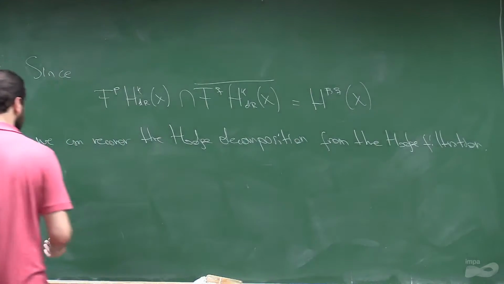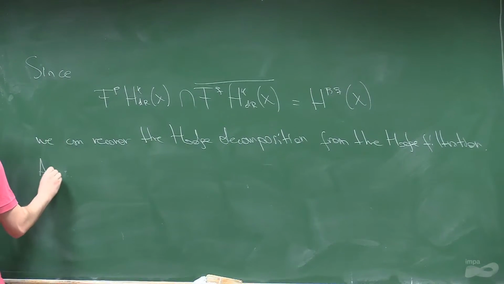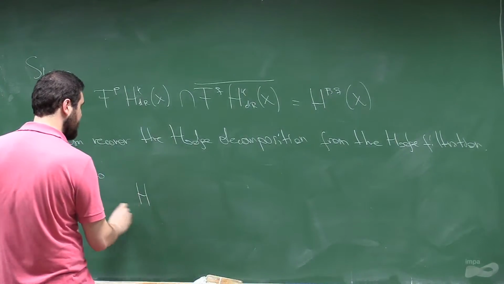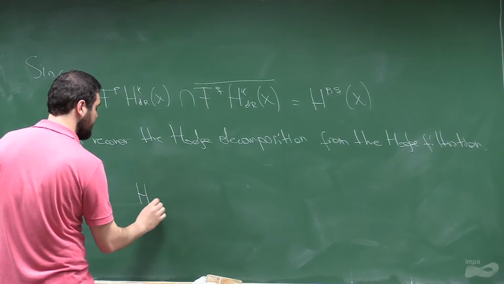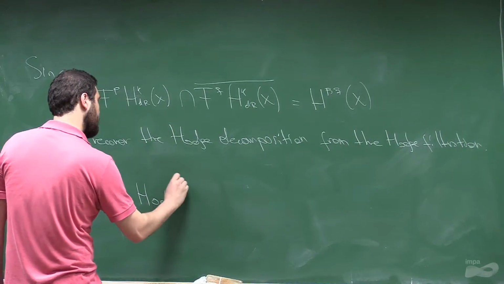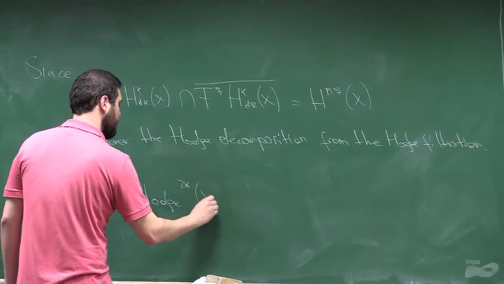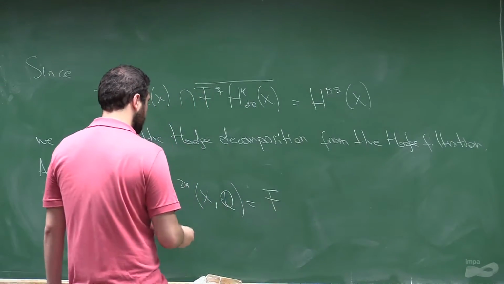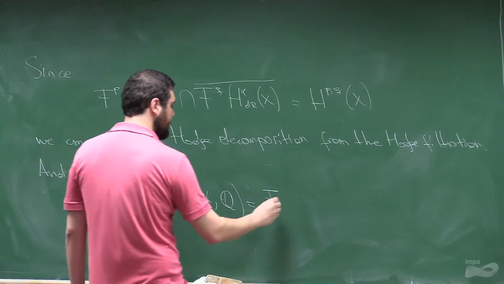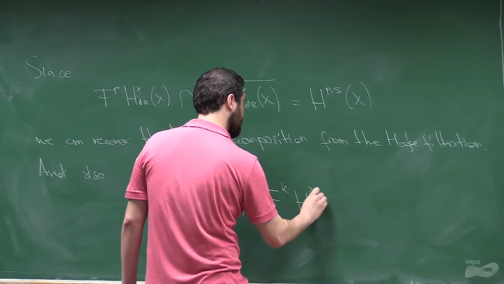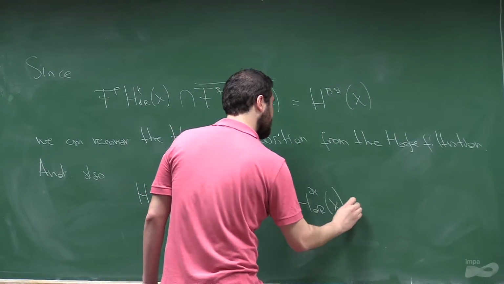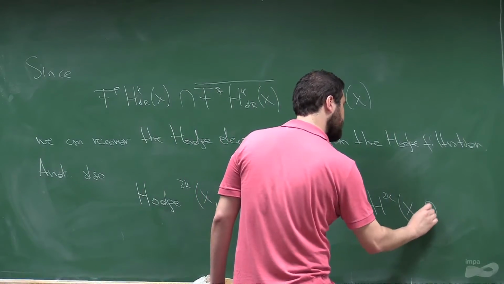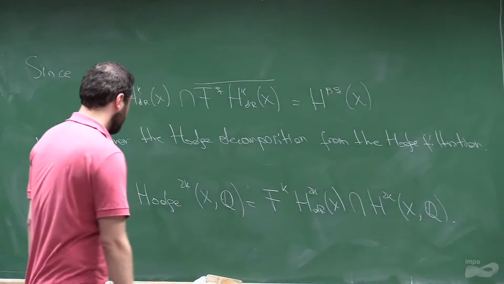Right, and also we can define the Hodge cycles, I mean the Hodge classes. Hdg^{2k} of X, Q, it's equal to the filtration at level k of H^{2k} de Rham of X intersected with H^{2k} of X with coefficients in the rational numbers, right?